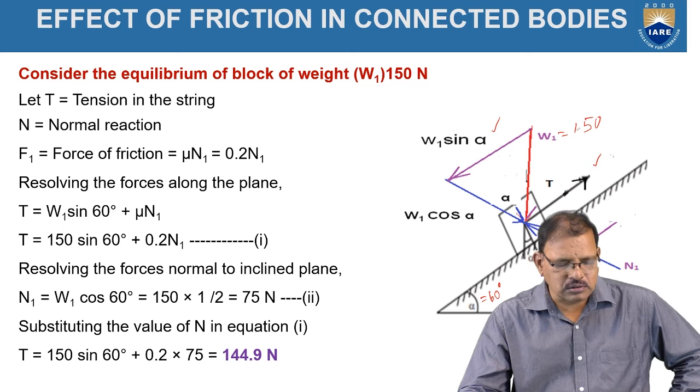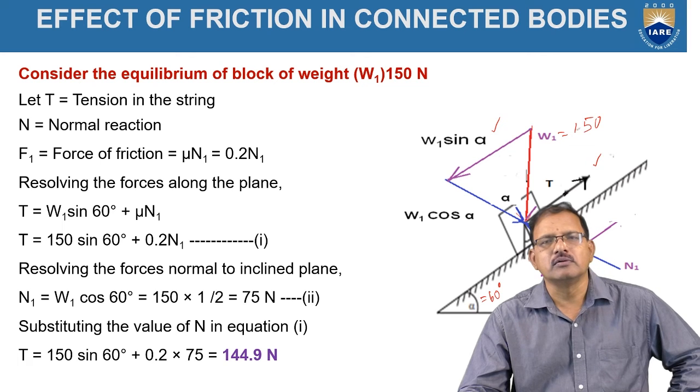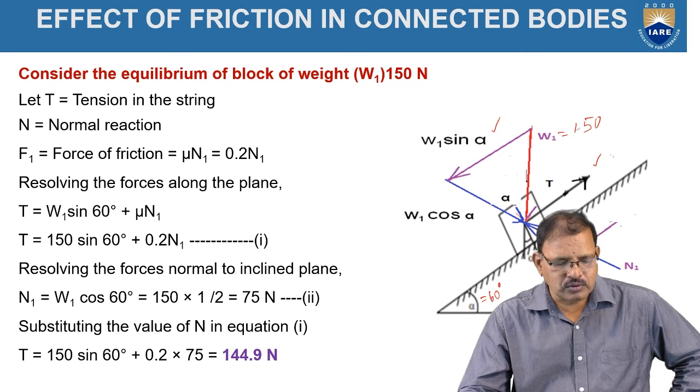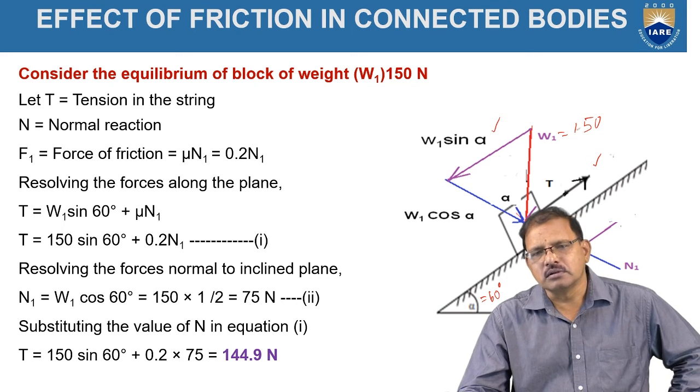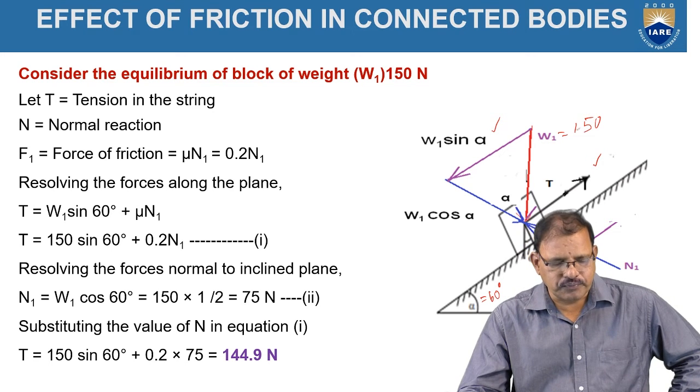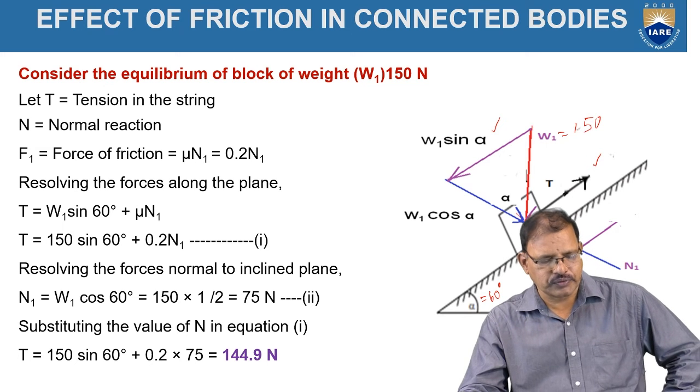Hence, we have to apply two equations which are used for the equilibrium condition: the sum of the components of forces acting along the plane should be equal to 0, and similarly, perpendicular to the plane also equal to 0.